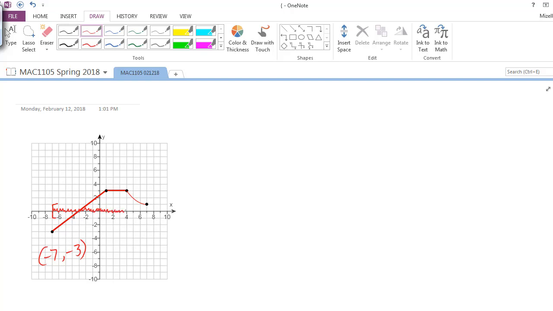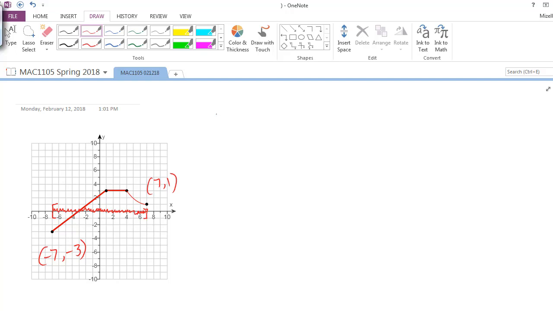The graph is continuous as we go all the way from the left to the right, and it does stop at positive 7 at a solid dot, which means the ordered pair 7, 1 is a member of the function, which means that 7 is in the range. 7 is in the domain and 1 is in the range, but I guess 1 is not at the endpoint of the range, so it's not as big a deal with the range.